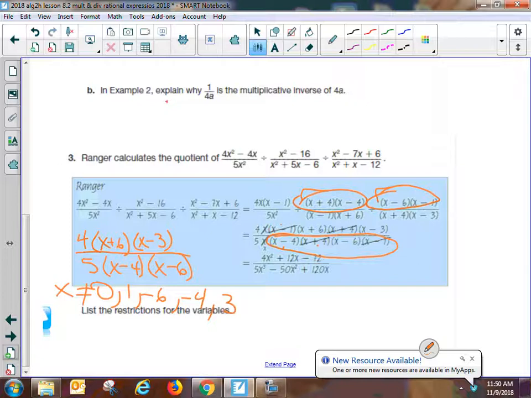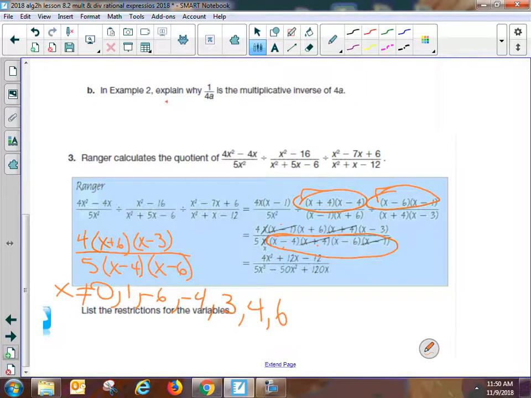So was there anything extra we can add to our list? Yeah, there is. What else? 4 and 6. Good. And of course, you can write plus minus instead of writing it separate. So make sure you do both the before and the after.